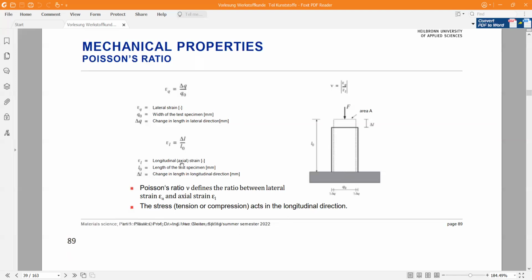Poisson's ratio defines the ratio between lateral strain and the axial strain. So epsilon 0 and epsilon 1, as a stress, tension or compression, acts in the longitudinal direction.